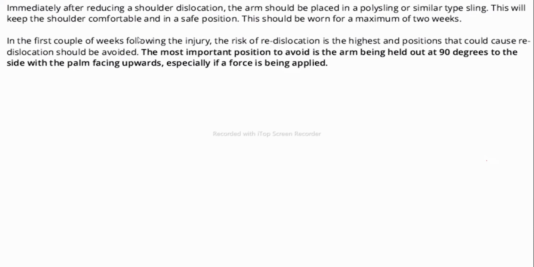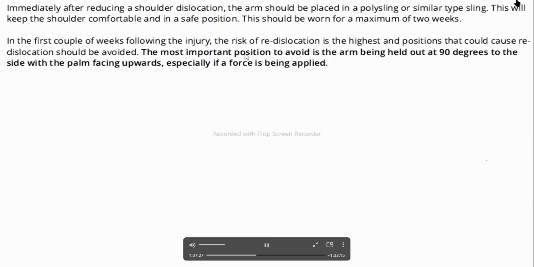In the first couple of weeks following the injury, the risk of redislocation is the highest, and positions that could cause dislocation should be avoided. So what is the position to be avoided? Arm being held at 90 degrees to the side and palm facing upward.